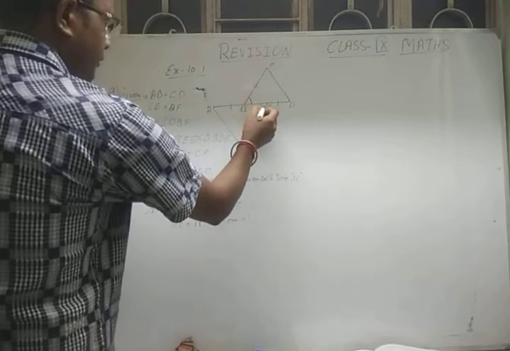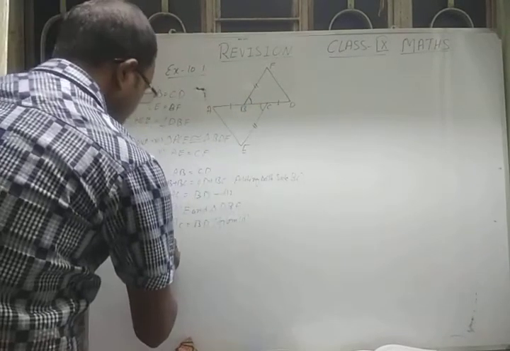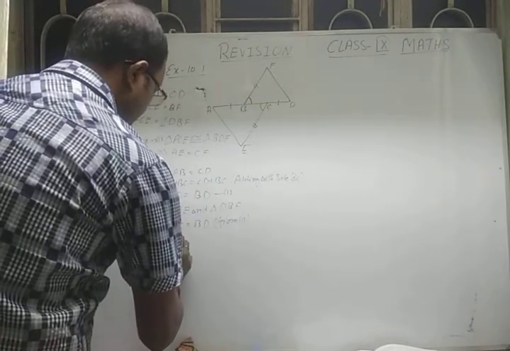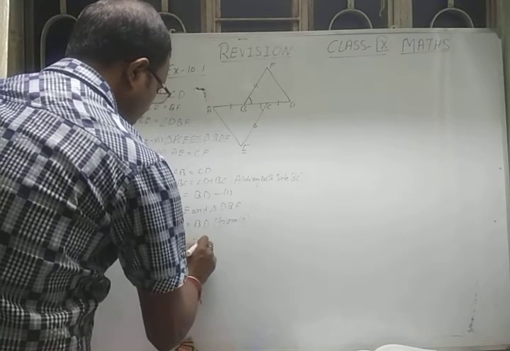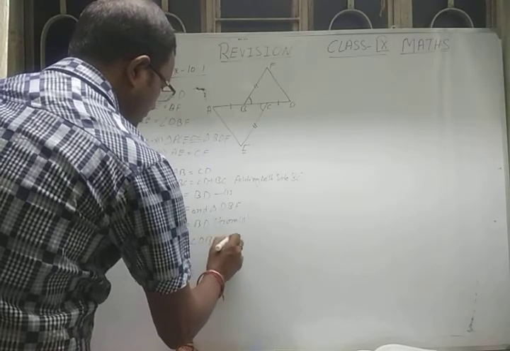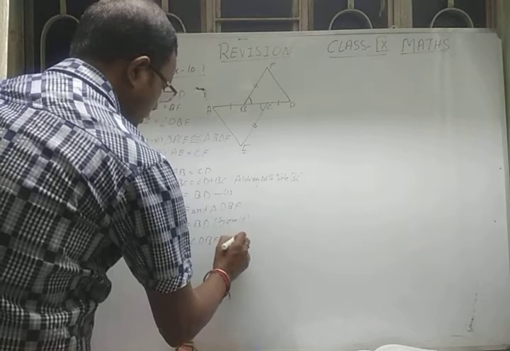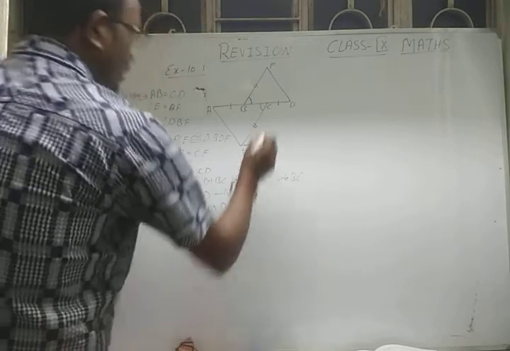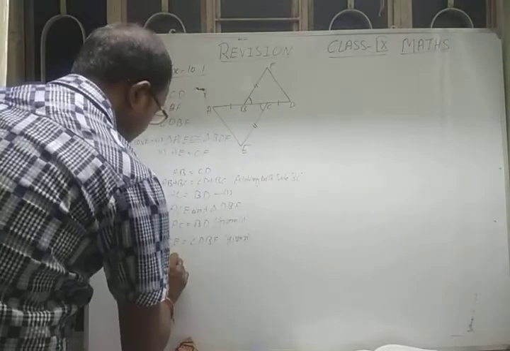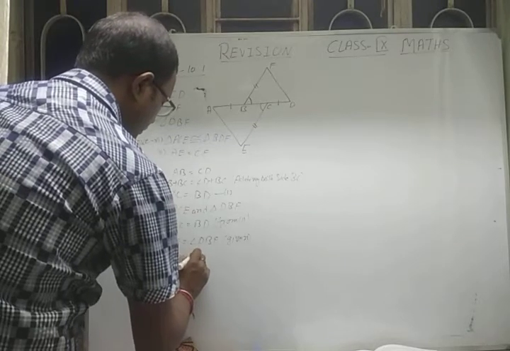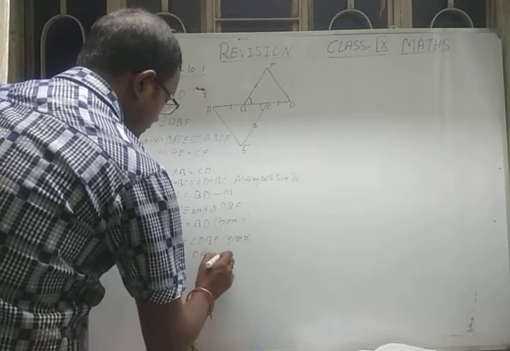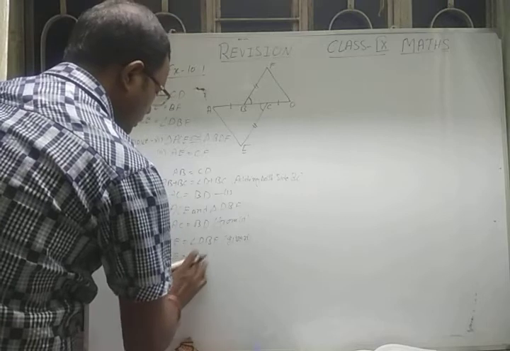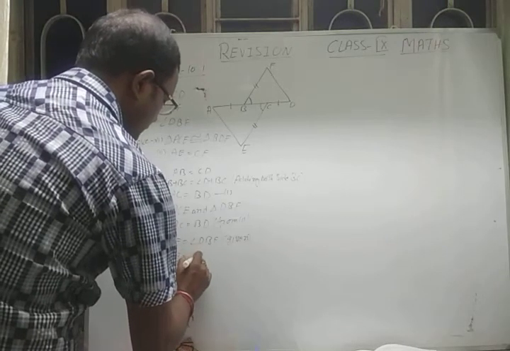After that, angle ACE is equal to angle DBF. It is given. And also CE is equal to BF is given.